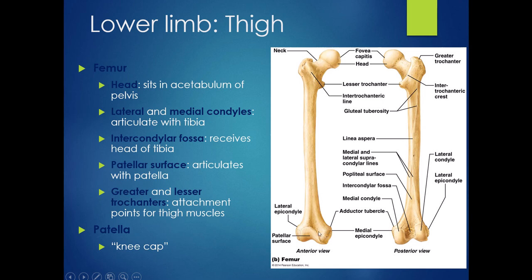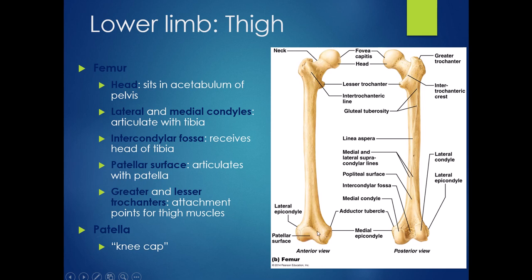More distally, we have the medial and lateral condyles for attachment with the tibia. Posteriorly, we have the intercondylar fossa. Anteriorly, we have the patellar surface, where the patella goes. And then the patella itself, the kneecap, just sits right over that patellar surface.